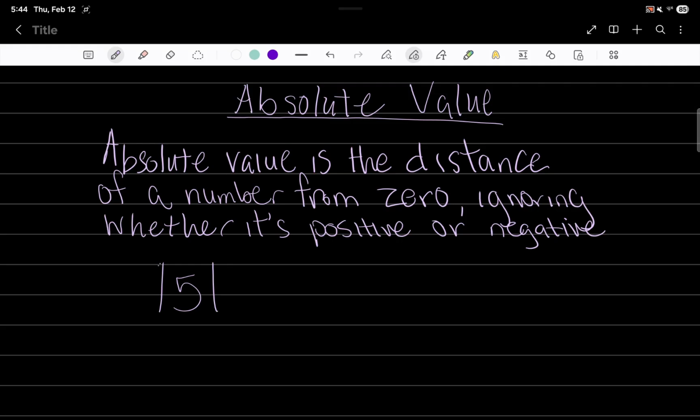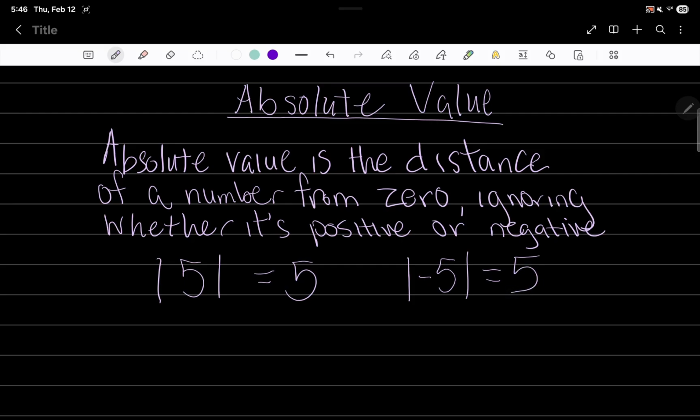So this is saying the absolute value of 5 is 5. So we are 5 spaces away from 0. Now, the absolute value of negative 5 is, you guessed it, it's 5. Again, we're talking about distance from 0 versus if it's positive or negative.